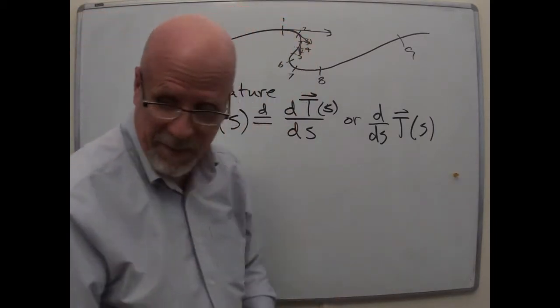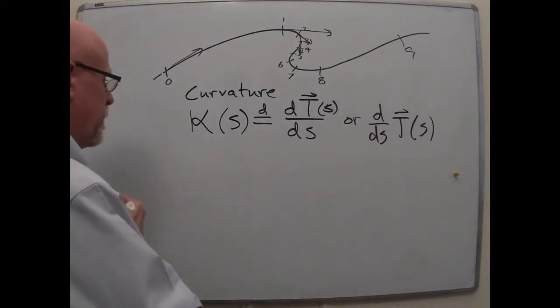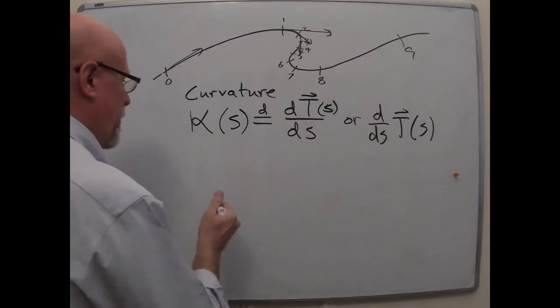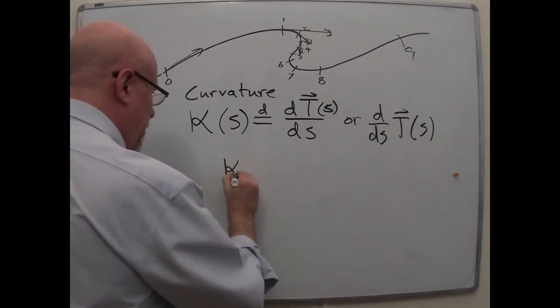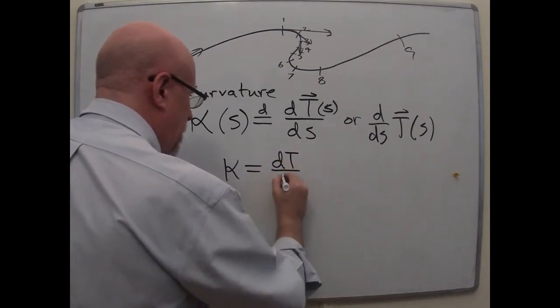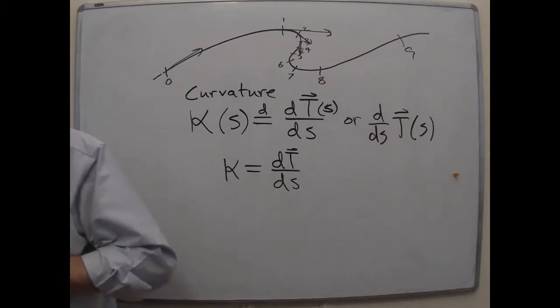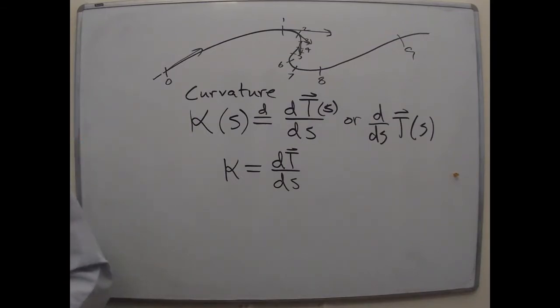In fact, you may have to remind yourself, hey, wait a minute, these guys are all functions, but it makes what you have to write a little bit easier, right? You just say kappa is dT/ds. Which is probably how I'll do it most of the time.